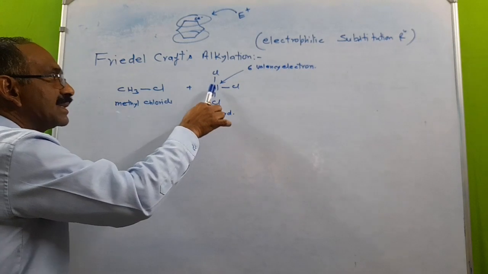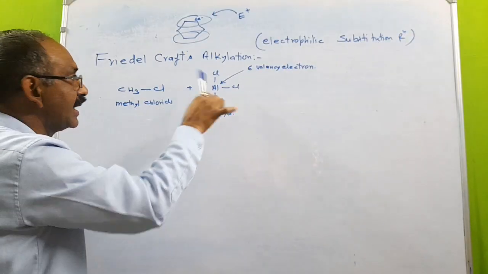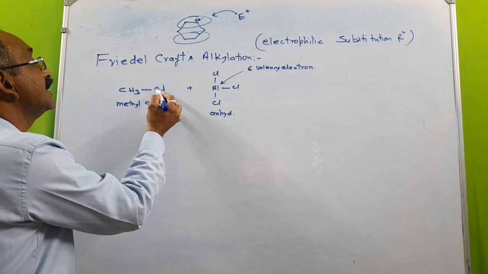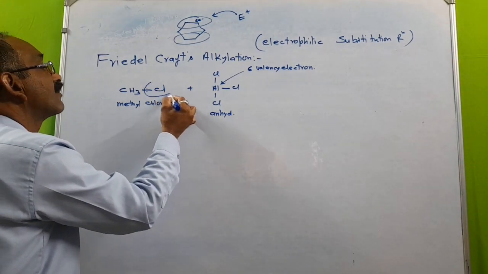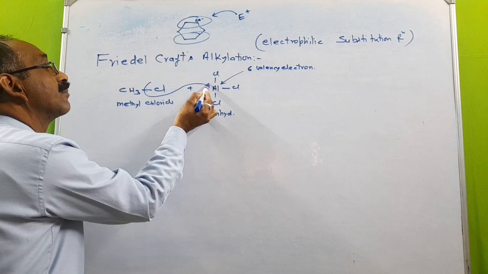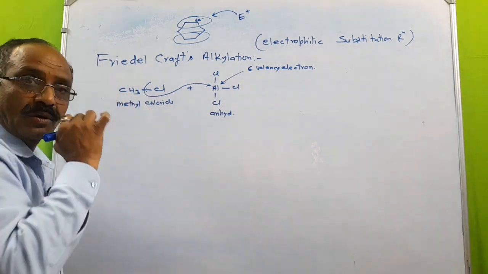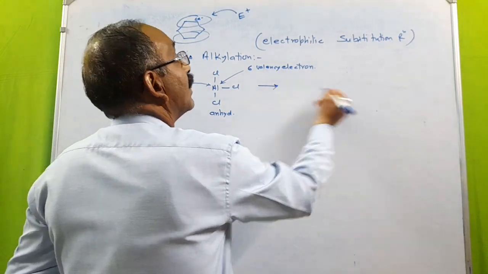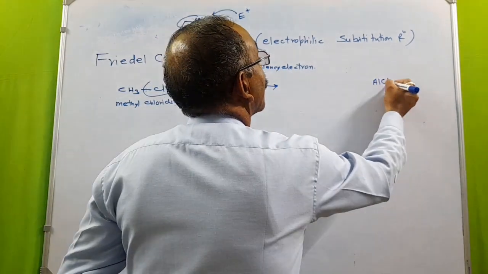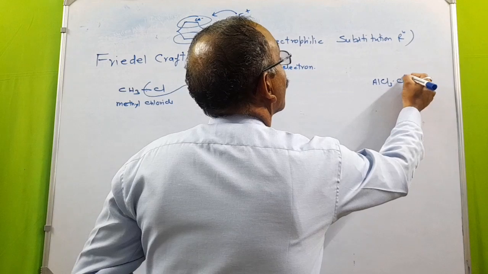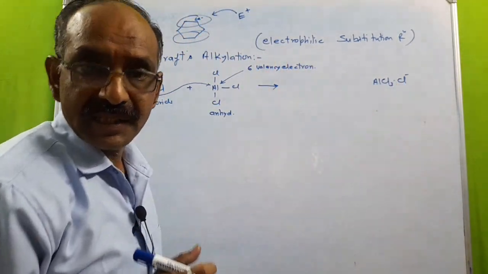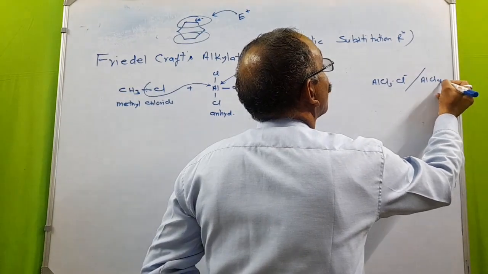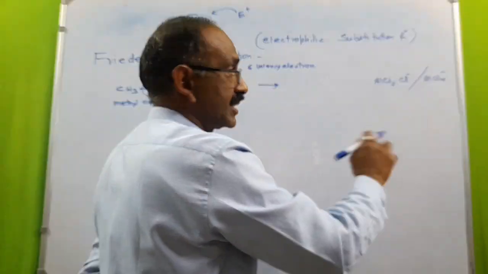So in order to compensate the deficiency of this Al, the carbon-chlorine bond breaking occurs, and the Cl comes out along with the electron pair of the C-Cl bond in the form of chloride ion, and combines with anhydrous AlCl3 and forms AlCl4 minus or AlCl3.Cl minus.